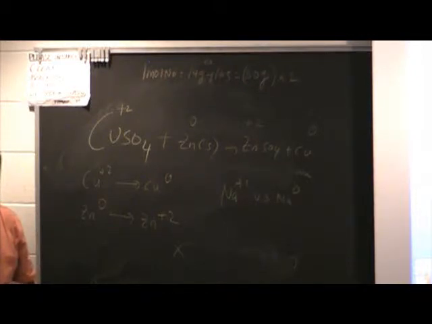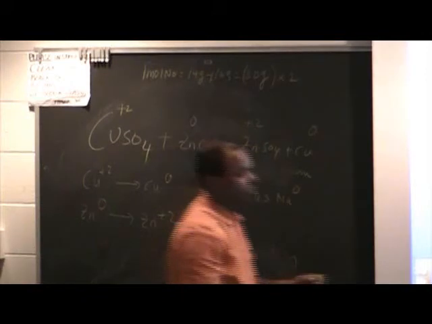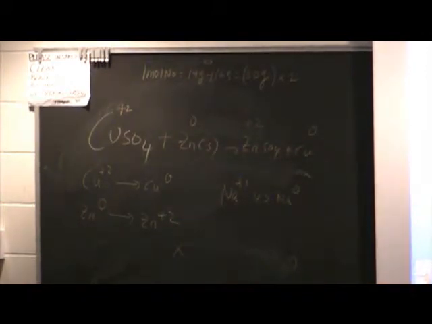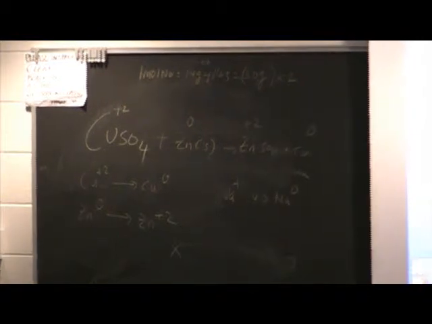Does that make sense? Because copper gains electrons, is copper oxidized or reduced? Copper gains electrons, so it is reduced. Copper undergoes a process of reduction. Because zinc lost electrons, zinc was 0 here and becomes +2.